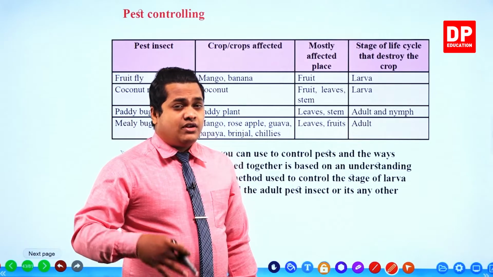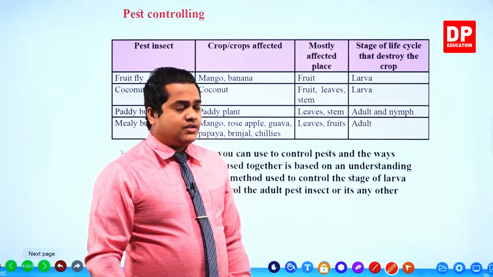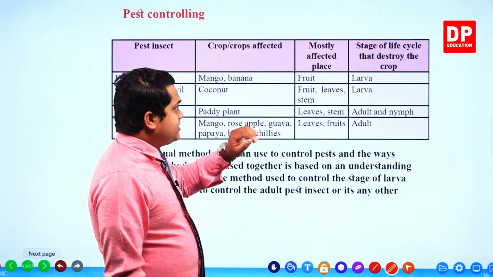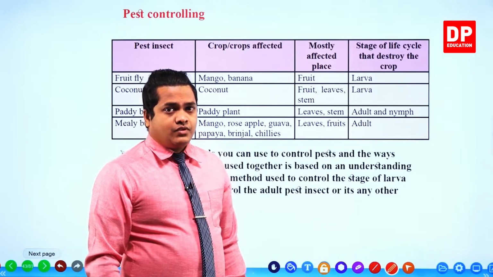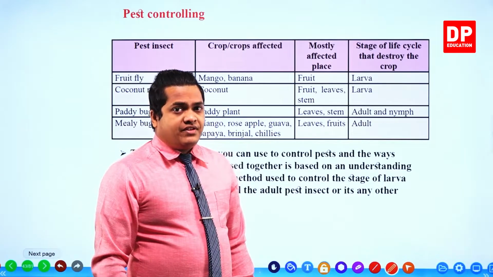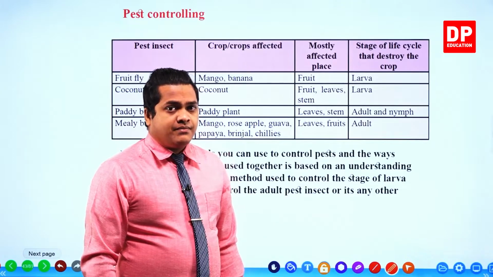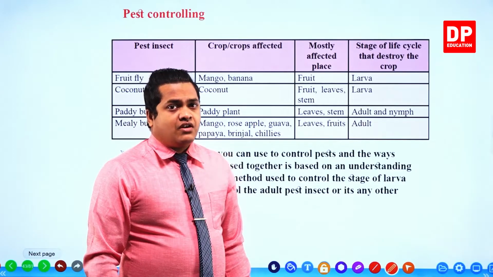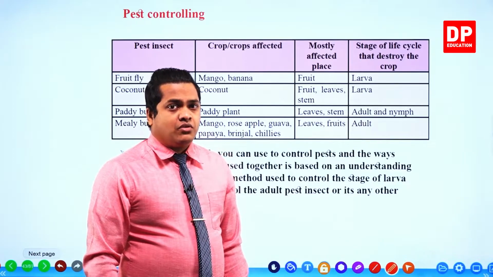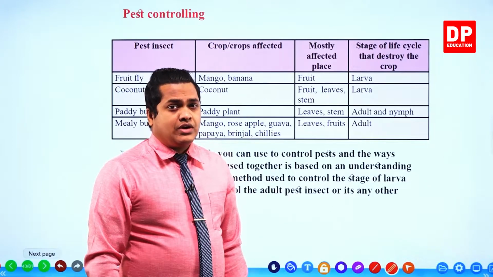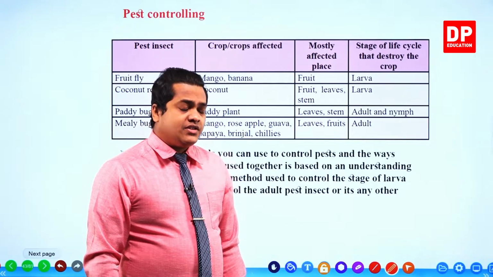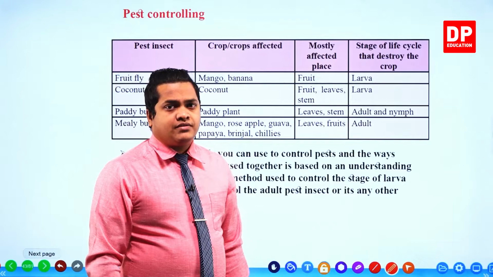It feeds on different parts of the plant, like the fruits, leaves, and also the stem. If the red weevil passes on to the stem, then my dear children, as time passes the whole plant is going to die, because it feeds on the plant stem for a longer time period and destroys the entire plant.